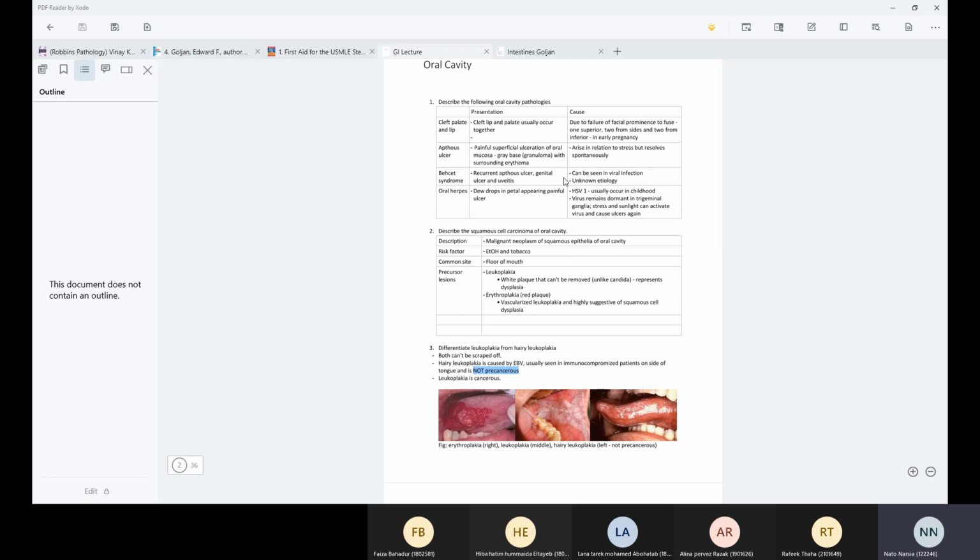Usually you see failure of the facial prominences to fuse, and that's why you have this split palate, okay? And these anomalies usually happen in early pregnancy.